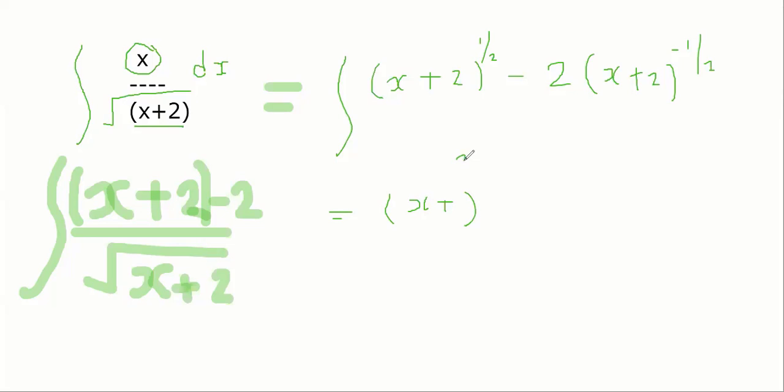So half plus 1 is 3 by 2, divided by 3 by 2. This is 2, right? By 3 by 2, everybody. Minus 2, x plus 2 to the power minus half, so x plus 2 power minus half plus 1, minus half plus 1 is again half. So half, by half. Correct, everybody? Yes.